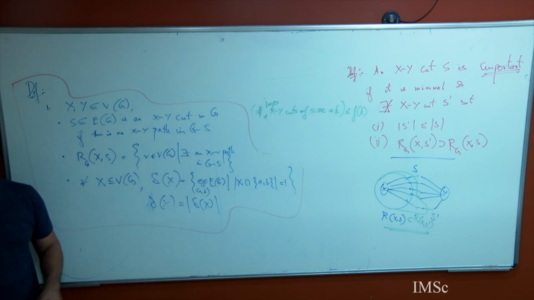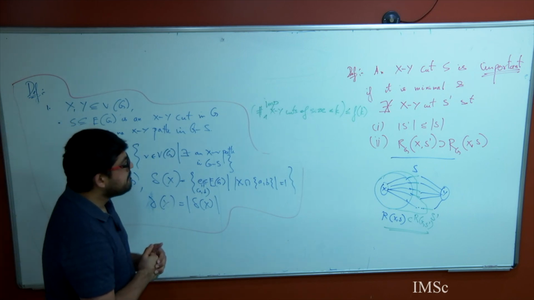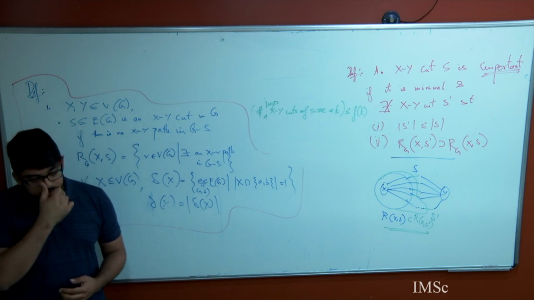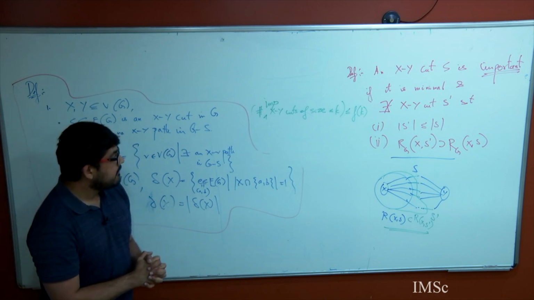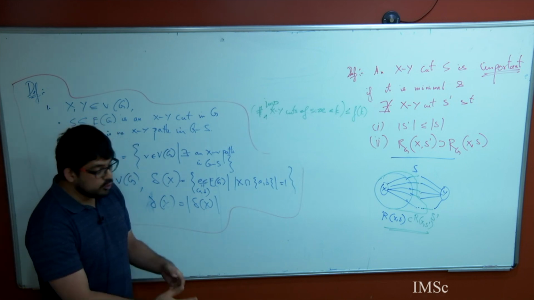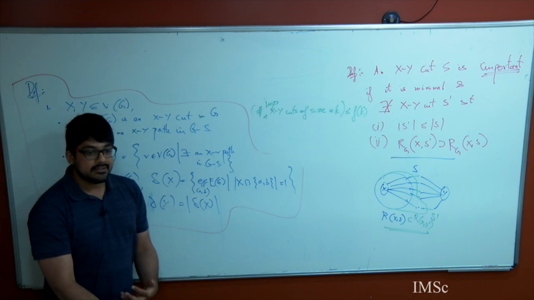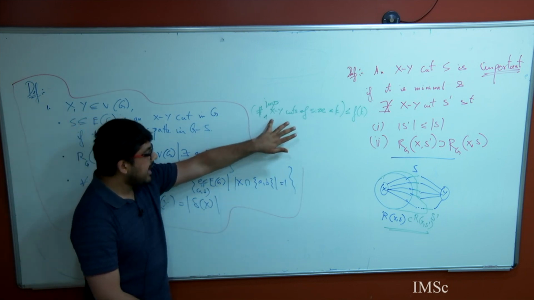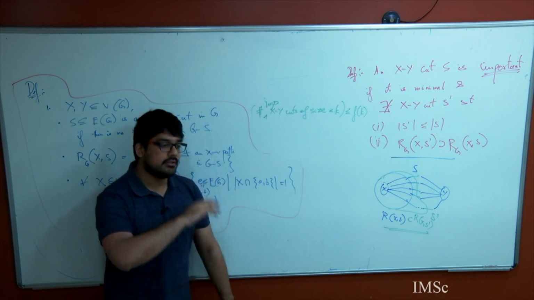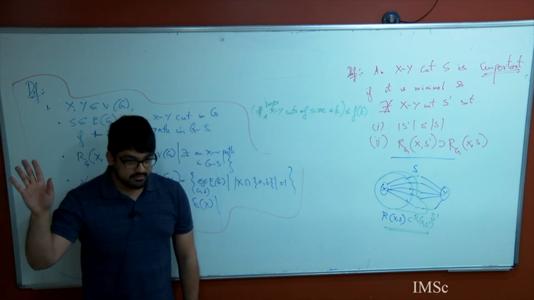Now, why is this useful? Quite often in problems you will be able to prove that the solution contains or intersects an important xy cut of size at most k for some x, some y in some graph.